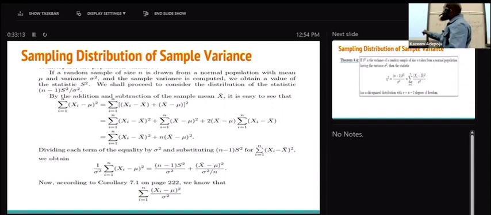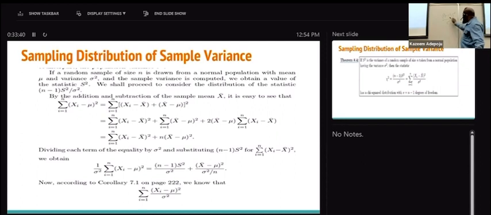Now we want to look at the distribution. When we are focusing on variance, we don't talk about the normal distribution anymore. Take a look at this: n minus 1 times S squared, divided by sigma squared.